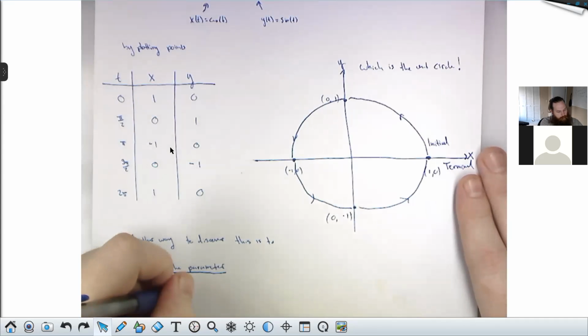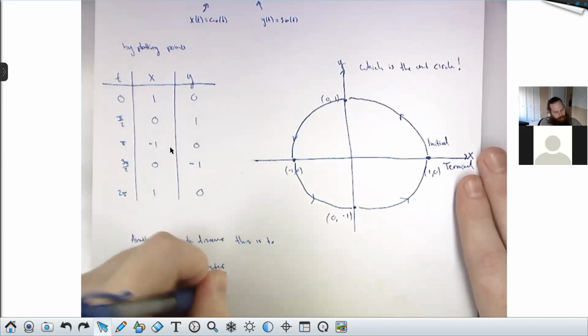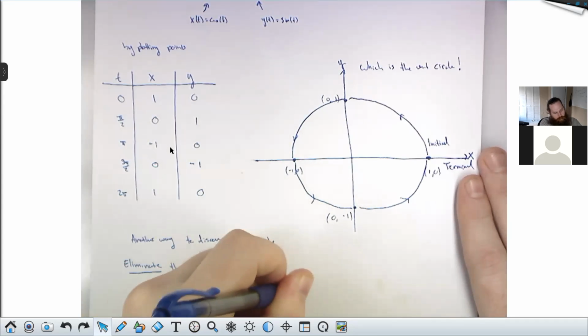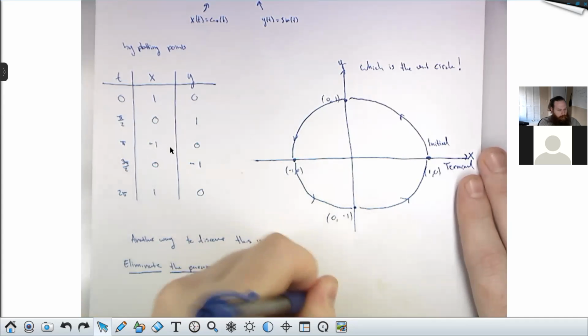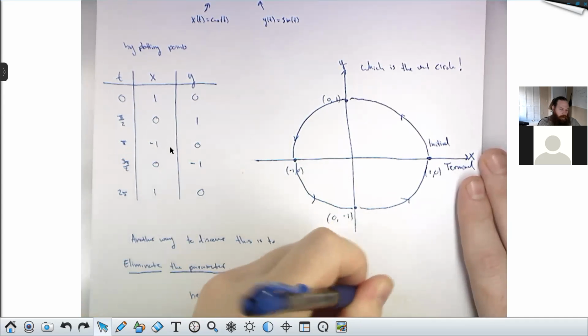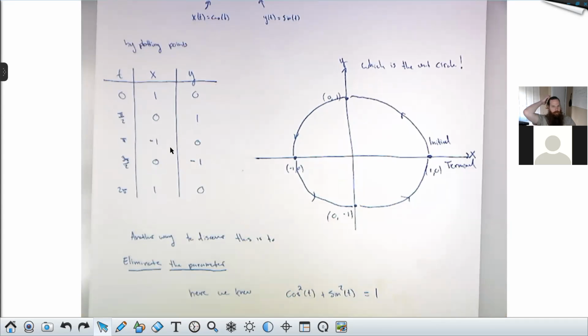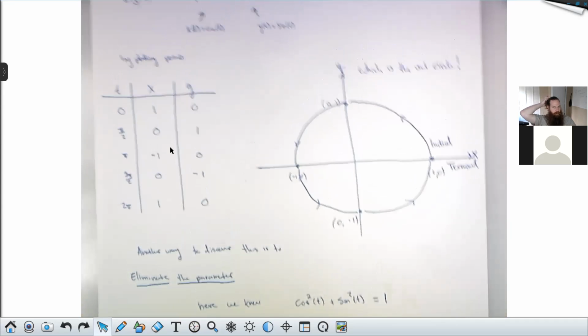So here, we know that cos squared t plus sine squared t is equal to 1, right? This is a true statement about sine and cosine.